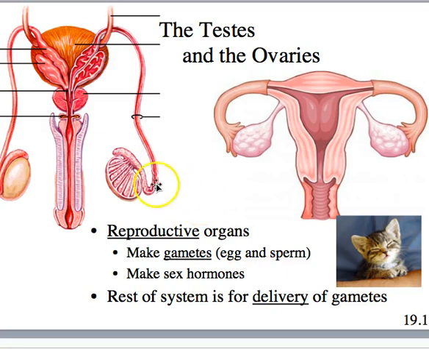There's actually a default state that's in between both of these, and you have to have the presence of the SRY gene on the Y chromosome to make a male turn into this system. Most of this is internal and then this is external. Well, all of this is internal. These are internal. This is external. And in the case of the female, you have to have the presence of two X chromosomes to create a functional female reproductive system.